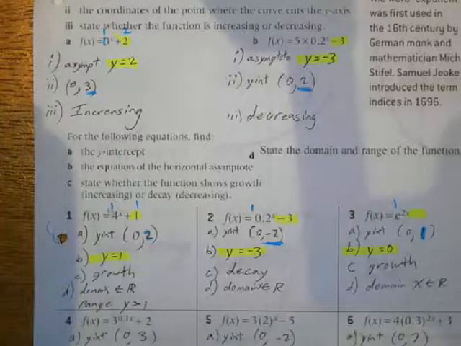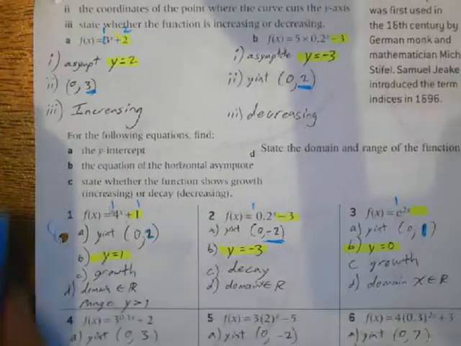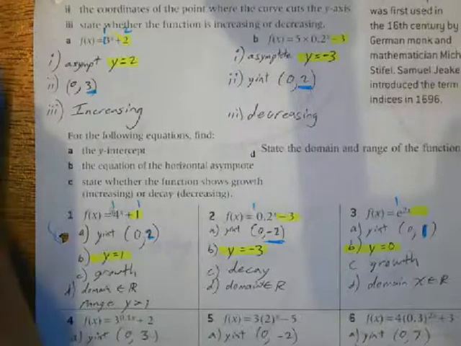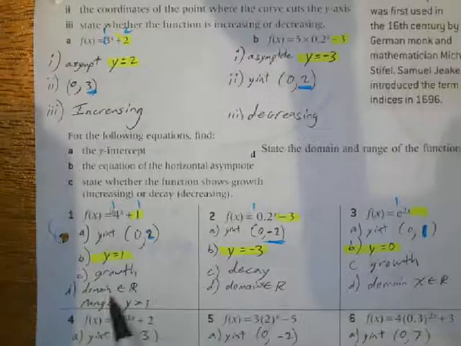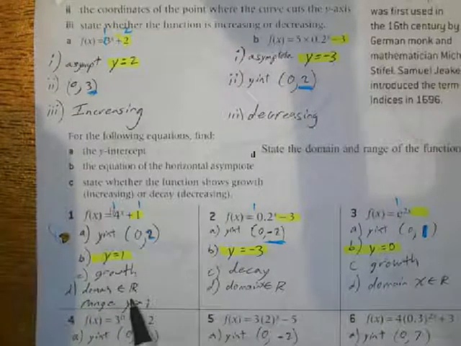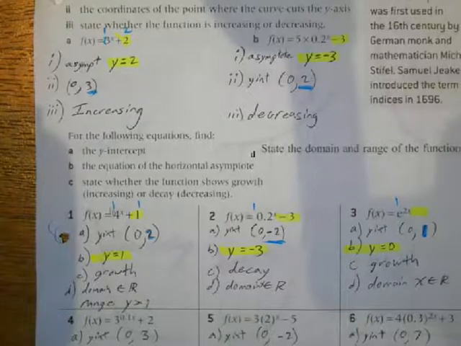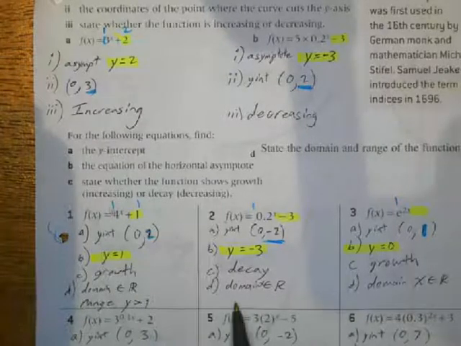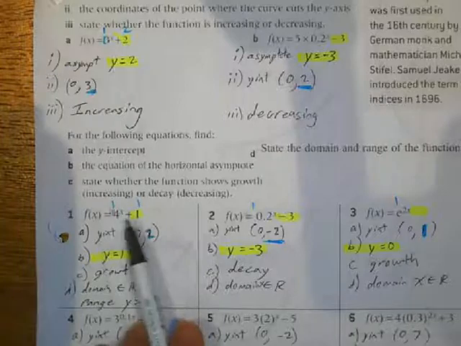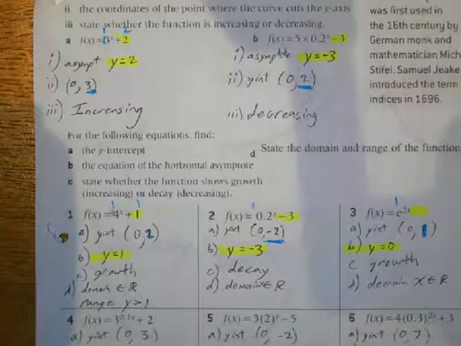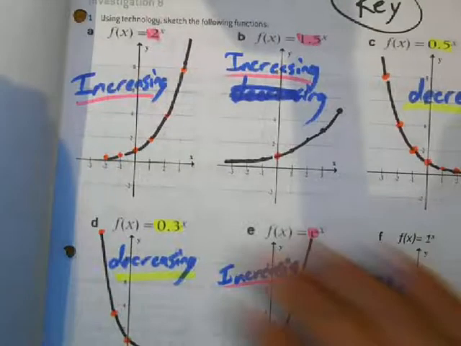Okay, we haven't really talked about domain and range yet. So the domain is, you can put any number in for x, so the domain is all real numbers for all of these graphs. Okay, and let's talk about the range. For all of these graphs, notice they're all above the c value.